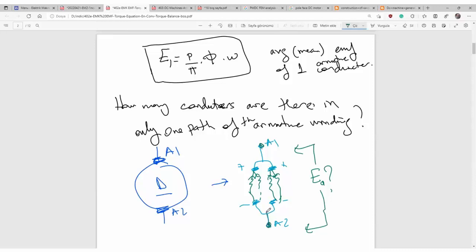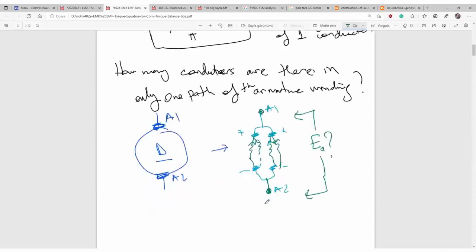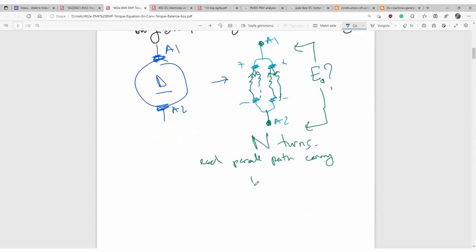In case here are N turns totally, each parallel path carries N over double A turns.